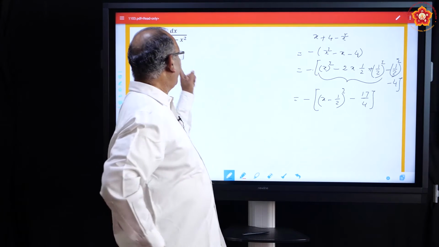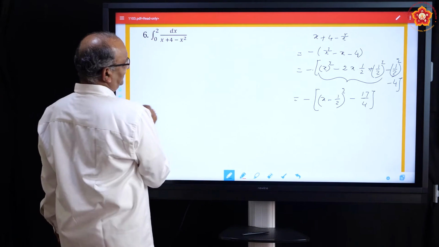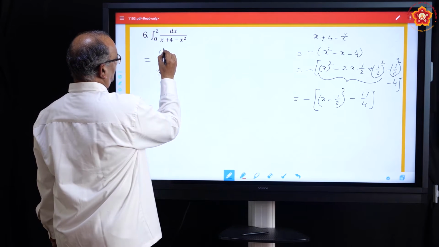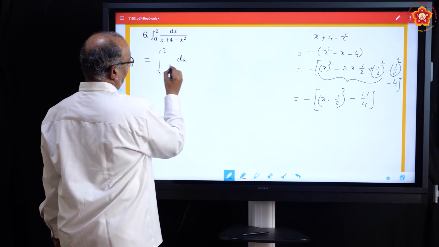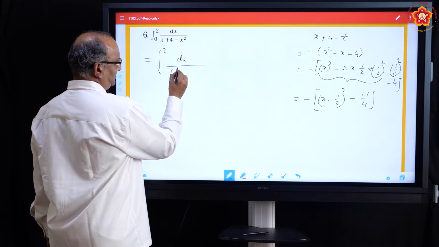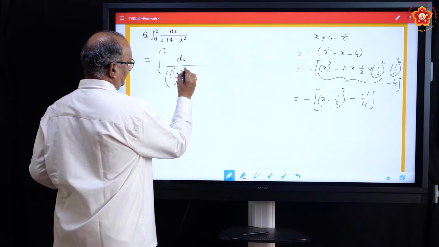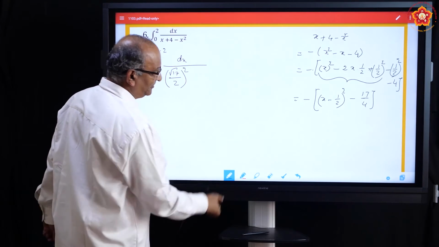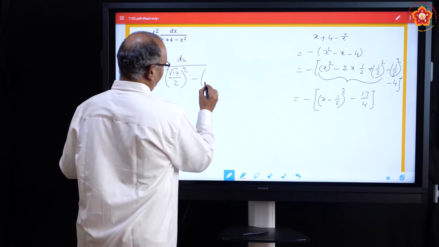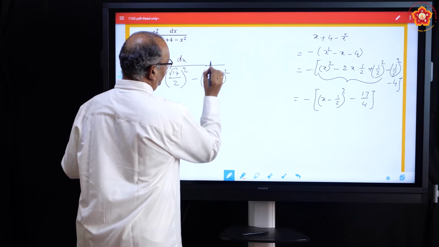Now what you do is, while doing it, take this negative sign inside. So this integral can be written as integral 0 to 2 dx upon 17 by 4, which can be written as root 17 by 2 whole square, minus x minus half whole square.